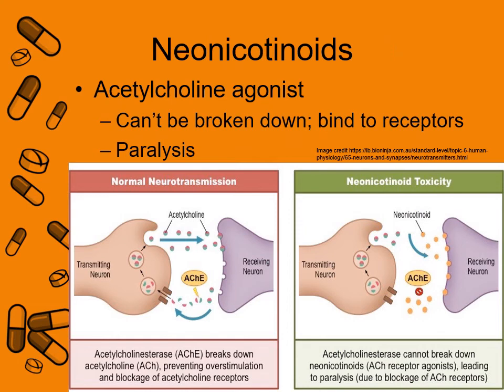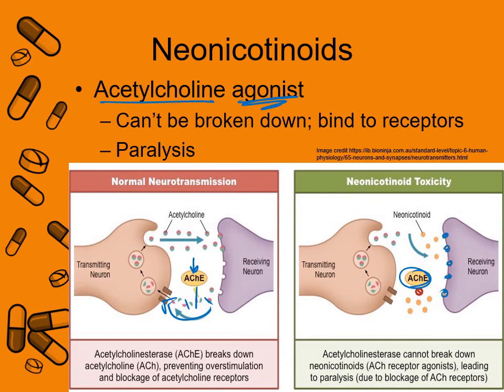All right, neonicotinoids, remember, just a little bit of review. Neonicotinoid pesticides are agonists. They act a lot like acetylcholine. They are going to bind to the acetylcholine receptors on the postsynaptic neuron. Usually we have the super cool enzyme acetylcholinesterase that's going to break down the acetylcholine so that it can get taken up again and used again. But the neonicotinoid pesticides cannot be broken down by the enzyme.